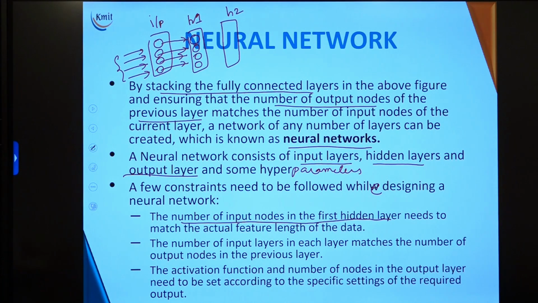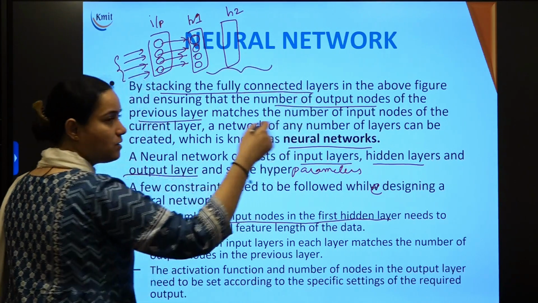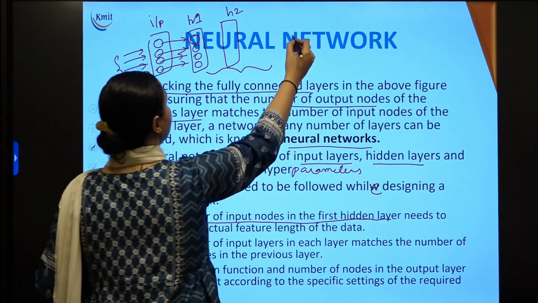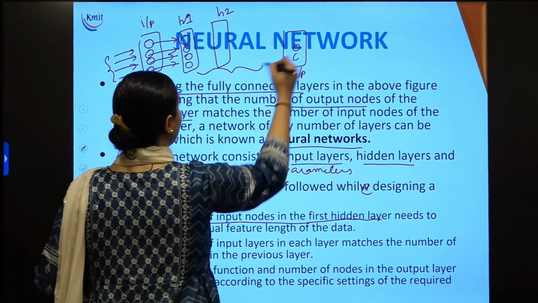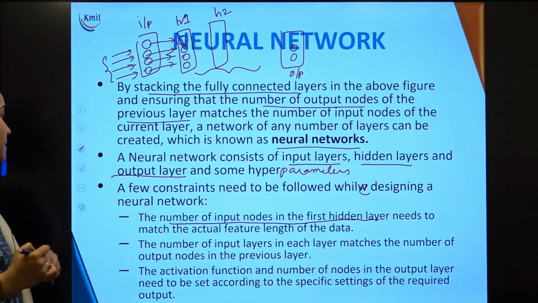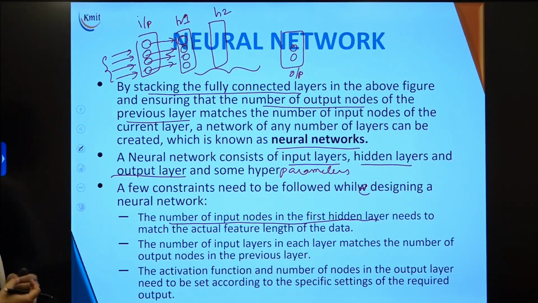Then the activation function and the number of nodes in the output layer need to be set according to the specific setting of the required output. Once you have built your hidden layers based on whatever strategy you are applying, you get your output layer. The number of nodes in the output layer will be based upon the settings required for your output.